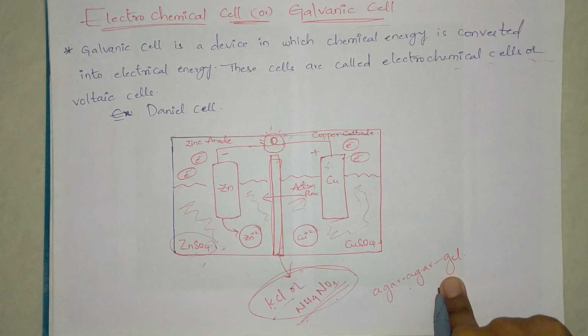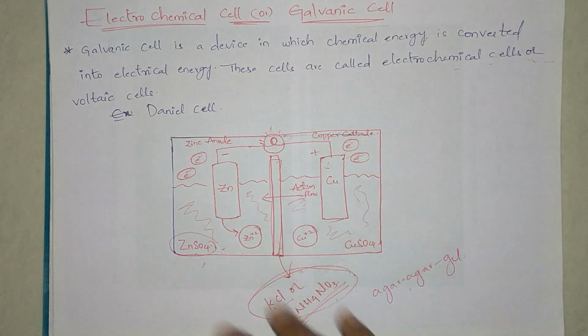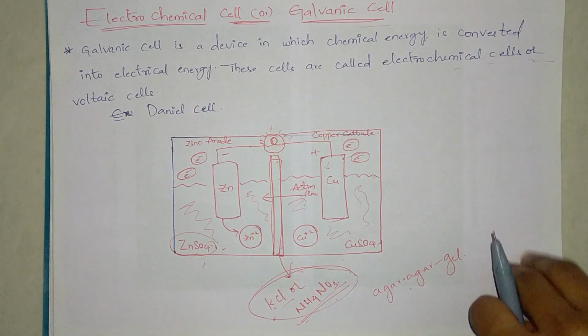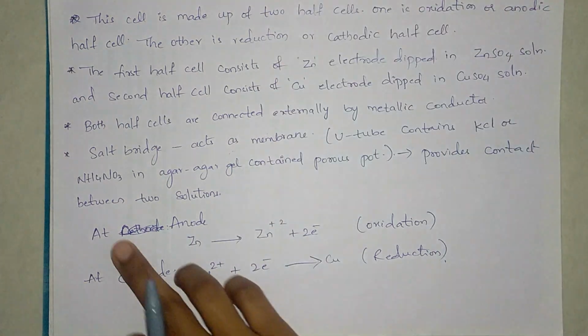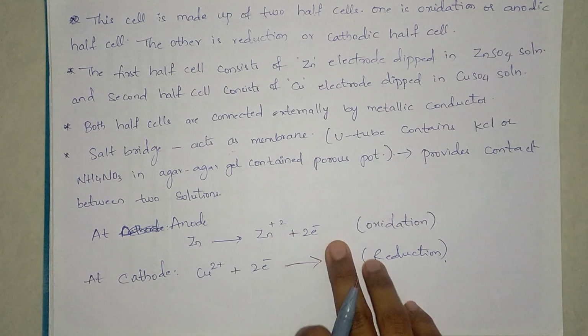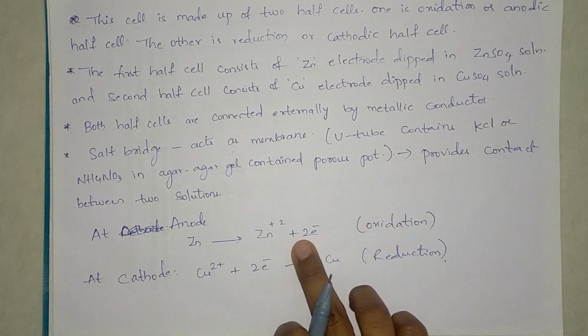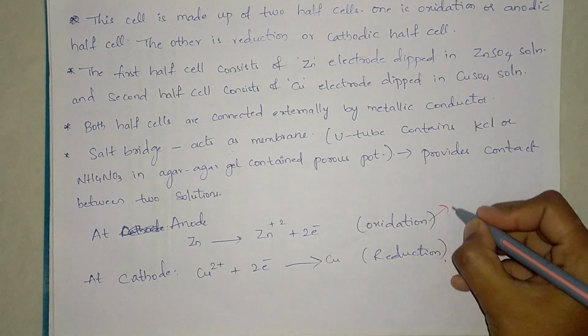Okay, this is the complete diagram and what is happening here. Now we will go through it with some reactions. At the anode side, zinc loses 2 electrons to become Zn2+. The process of losing electrons is known as oxidation. What is oxidation?